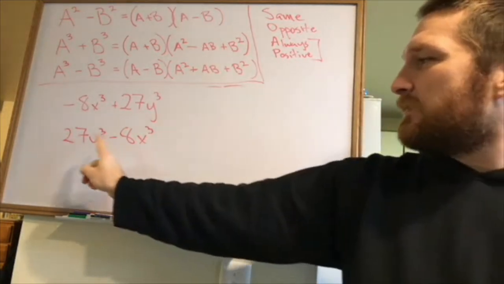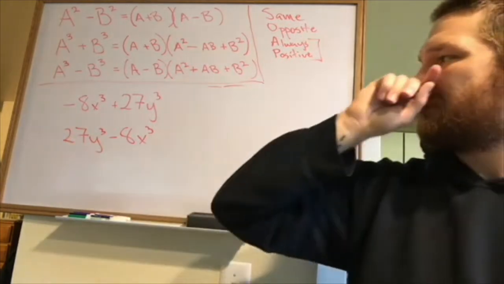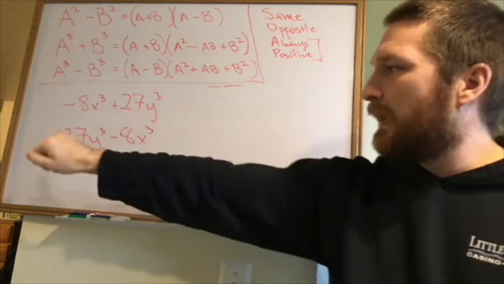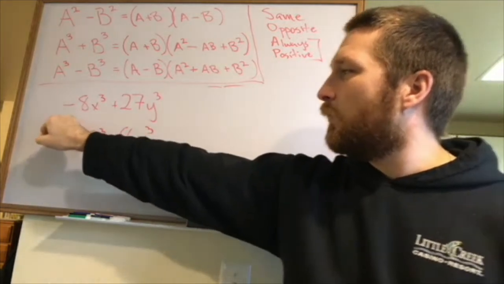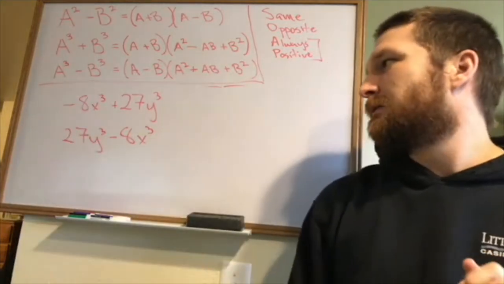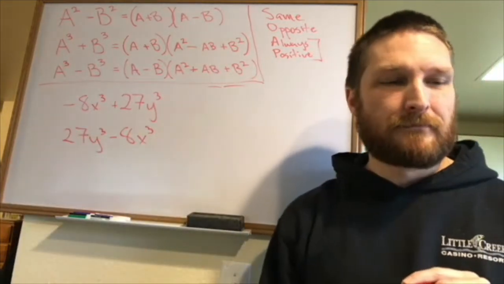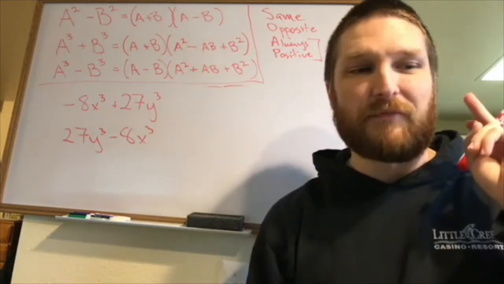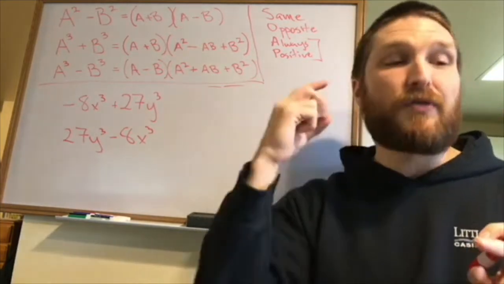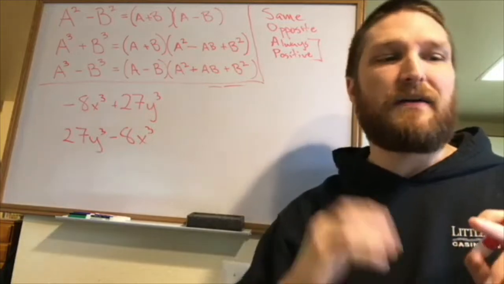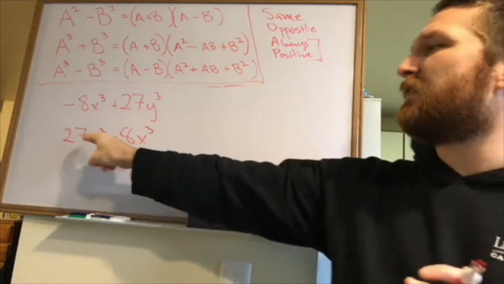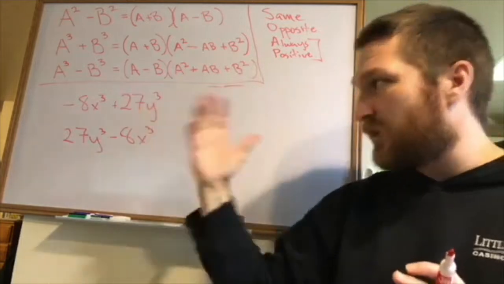is this a difference of 2 cubes? Yes. Why? Because what is 27? 3 cubed, right? And I was saying it's going to be really helpful to remember what 2, 3, 4, and 5 cubed are, because when you see something like this, you can immediately identify, hey, 27 is just 3 cubed.